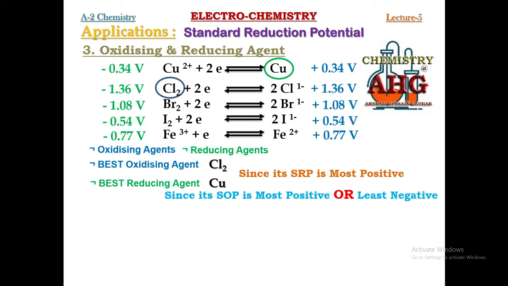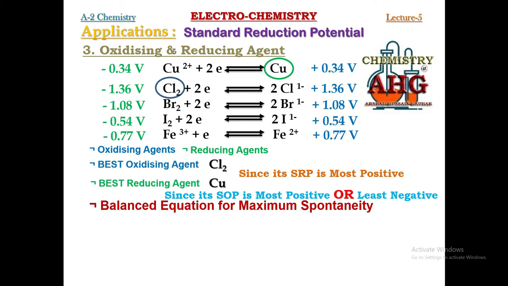Which electrochemical cell can produce maximum voltage, can have maximum spontaneity? The one that is a combination of the copper half cell and the chlorine half cell. When we combine the copper half cell with the chlorine half cell, we can get maximum voltage out of these 5 half cells.